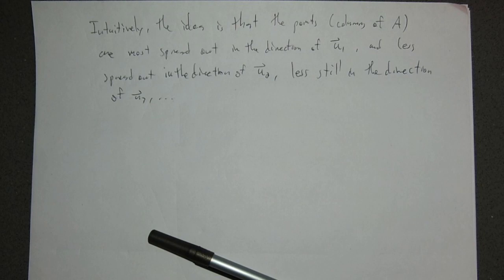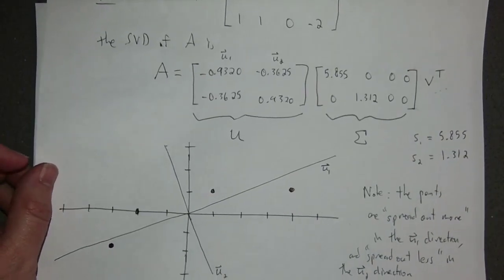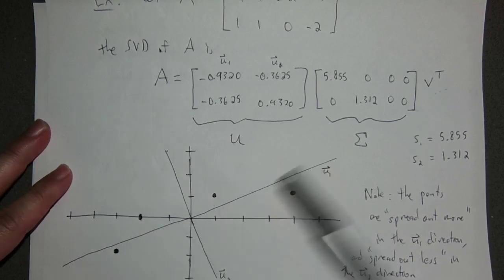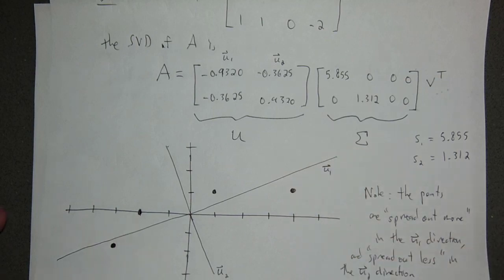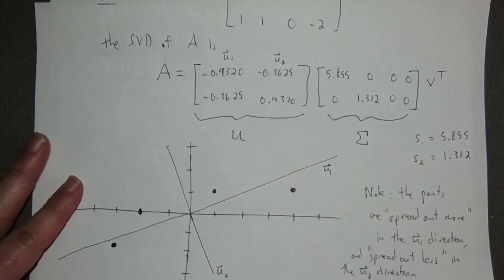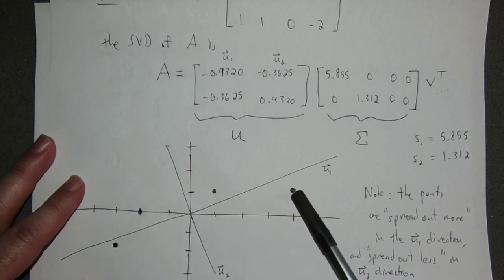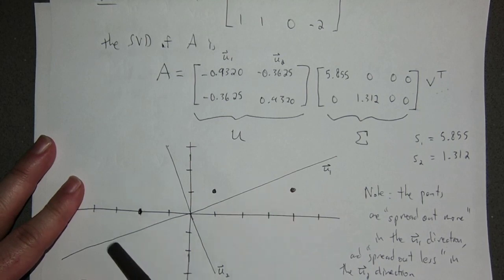More or less spread out again. So basically, if you look at this picture, notice that along this axis, these points are spread out a lot, right? Maybe I shouldn't say a lot, but they're spread out. What I mean by that is if we ignored the other component, and just projected all these points onto u sub 1, then what we'd have is just a bunch of points distributed.